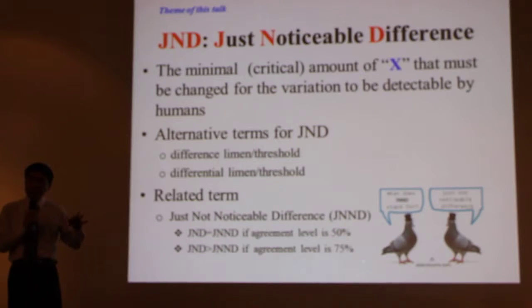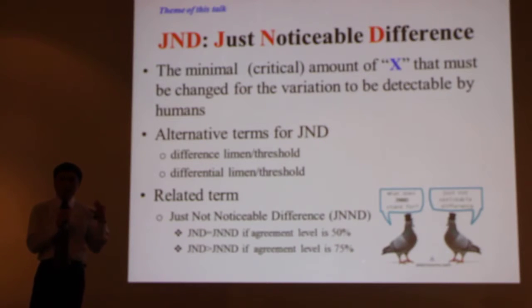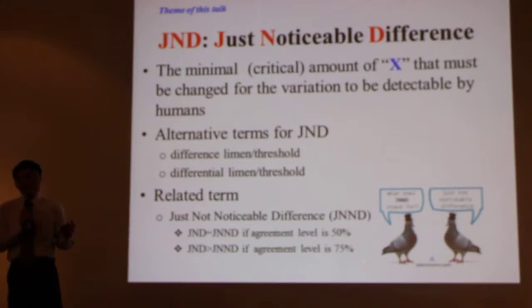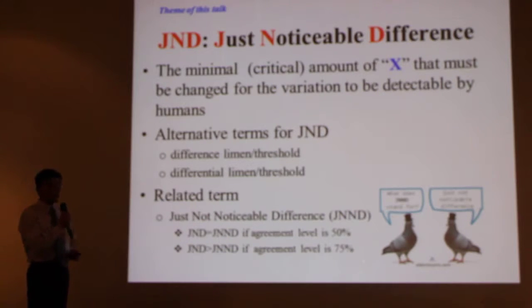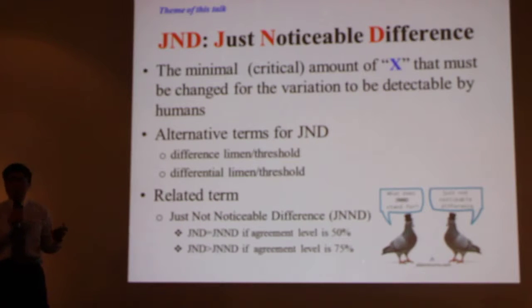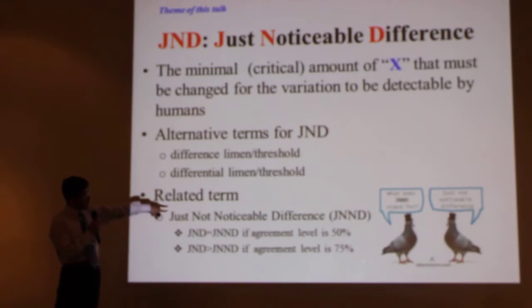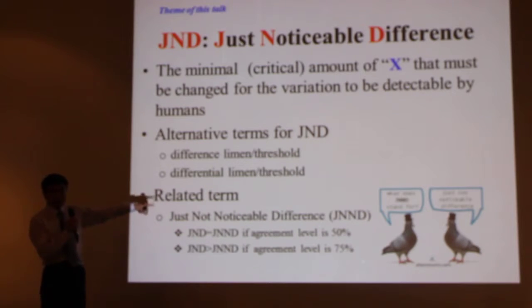The minimum amount we must change before the human can perceive the change is called JND. An alternative term is threshold for signal changes. A related term would be just noticeable distance, JND.